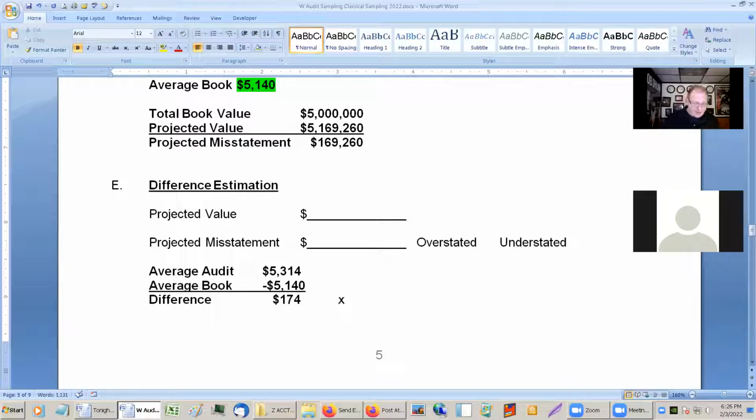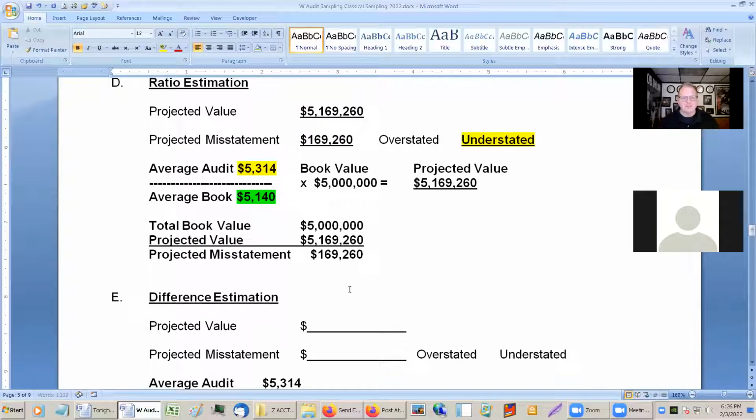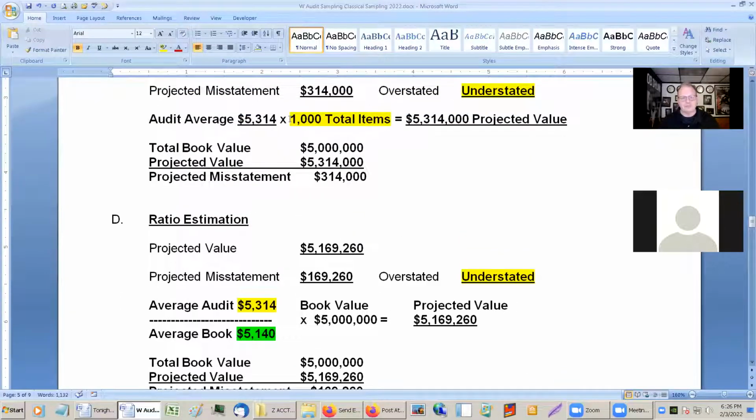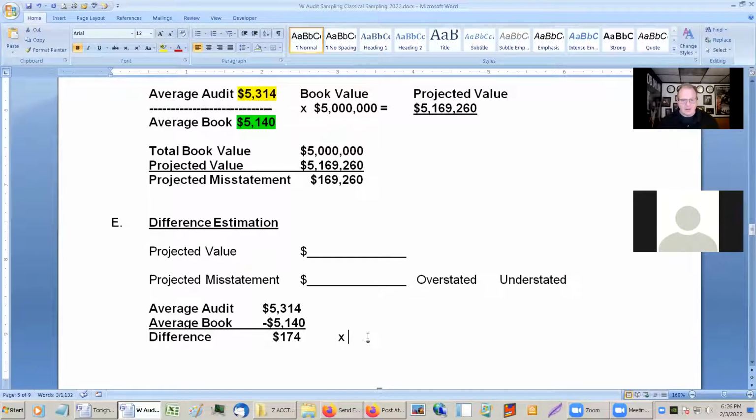We multiply it by the total number of items in the population. We say, okay, everything is off by, so we're saying everything is going to be off by $174. Right. So 174,000.